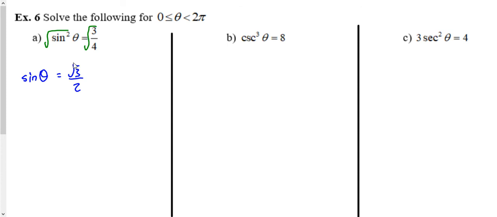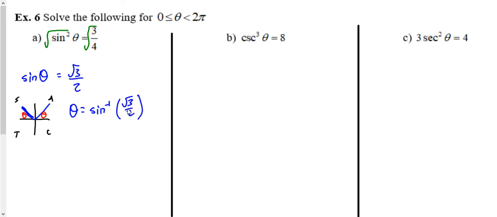And here I'm looking for wherever sine is positive. And of course sine is positive in quadrant 1 and quadrant 2. So I want to find my reference angle to find theta and theta there. So let's find theta. So theta is equal to sine inverse of root 3 over 2.